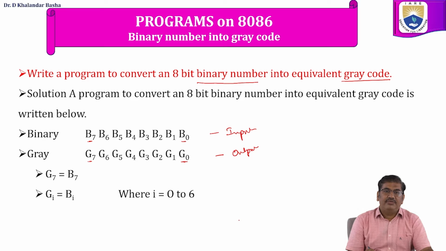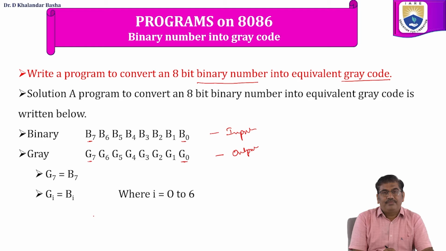So how we can convert the binary number into a gray code is, as we know, gray code is a unit distance code. For every two consecutive binary codes, we may have more than 1 bit change, whereas in the gray code, two consecutive numbers will differ by only 1 bit.